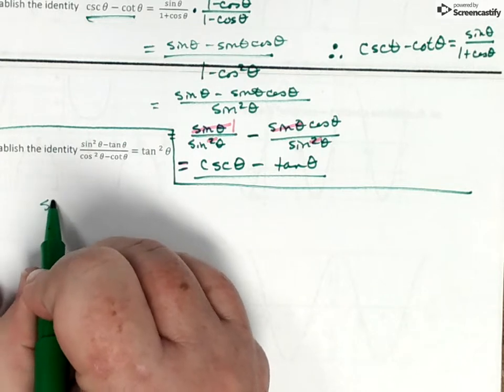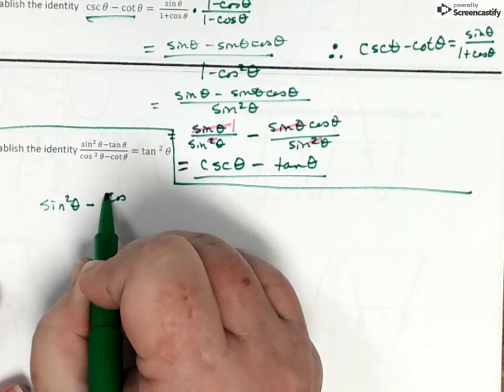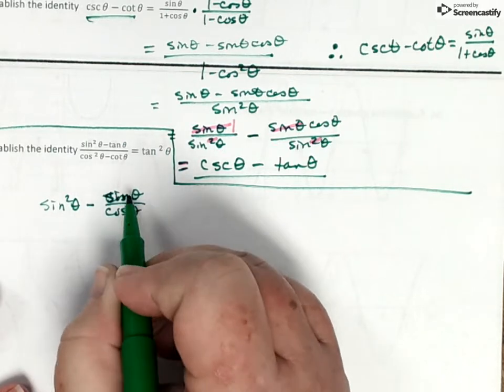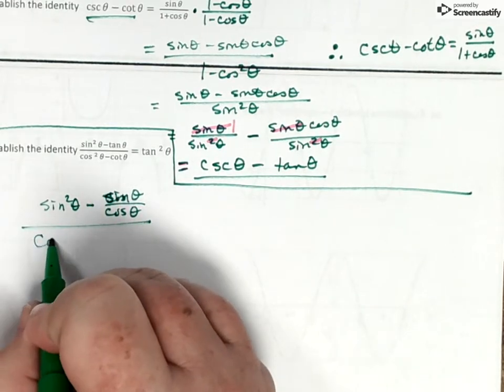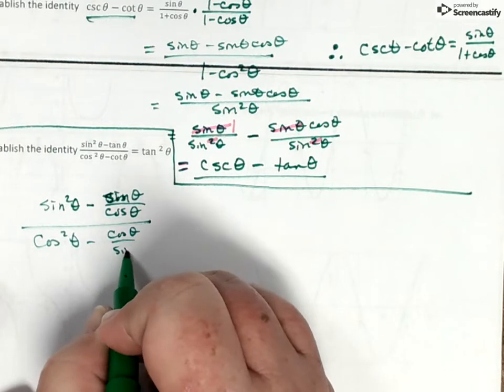So I'm going to have sine squared theta minus sine theta over cosine theta, because tangent is sine over cosine, over cosine squared theta minus cosine over sine.